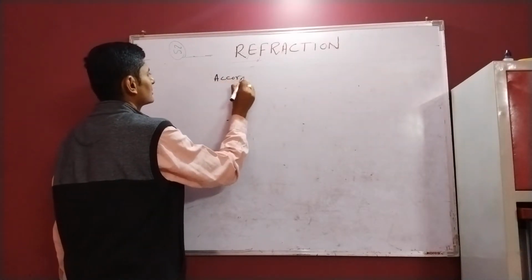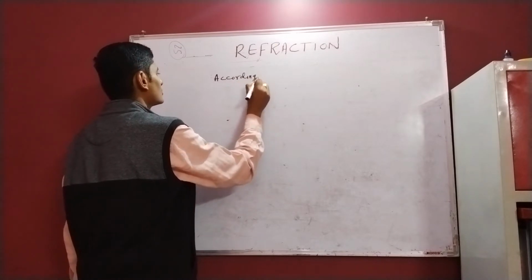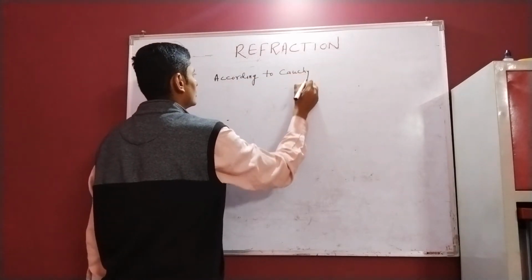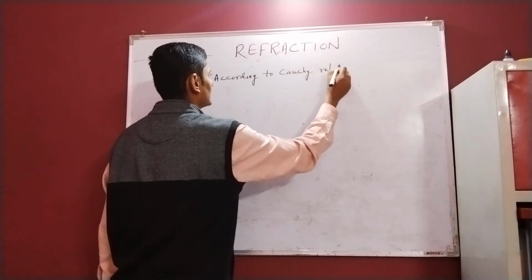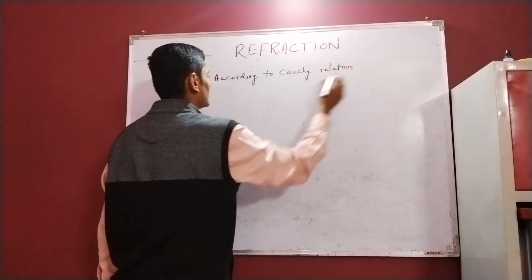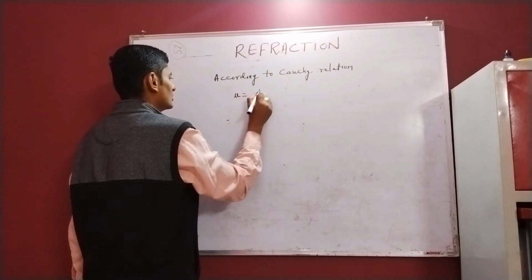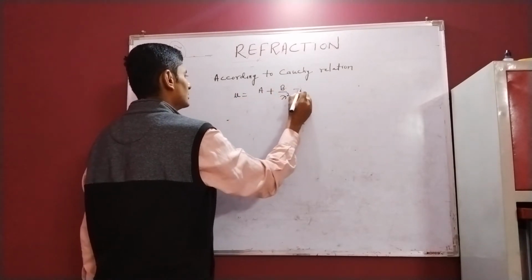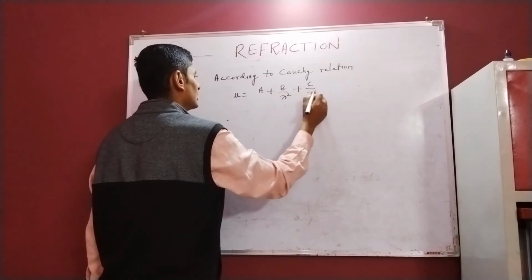According to Cauchy relation, mu is equal to A plus B upon lambda square plus C upon lambda 4.